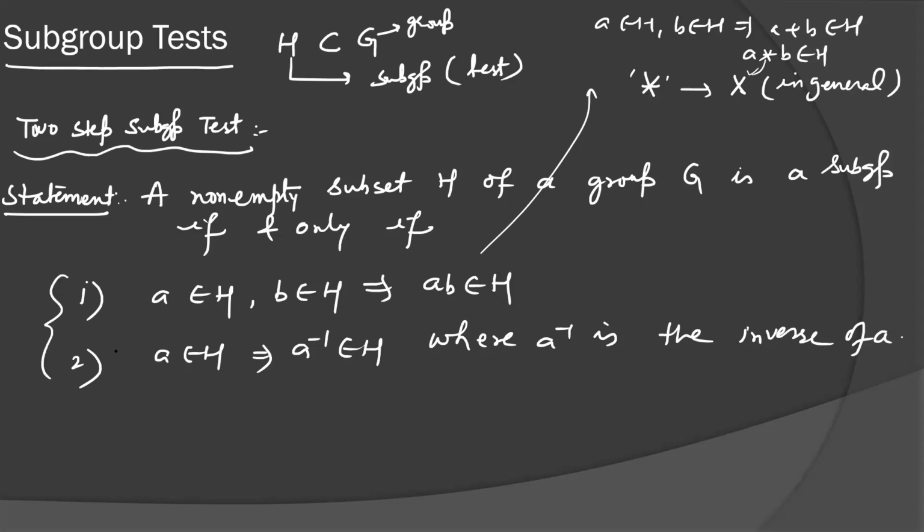So these are two steps. You take any two elements in subset, their product, actually this is not product, this is operation, a composition, a binary operation, must be in H. If a belongs to H, then inverse also belongs to H. These are two-step test. If any subset satisfies these two properties, then it will be subgroup of any group G.